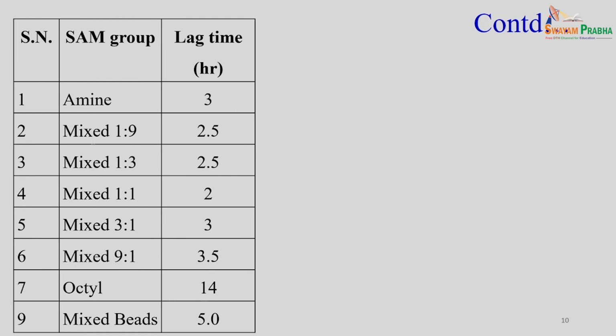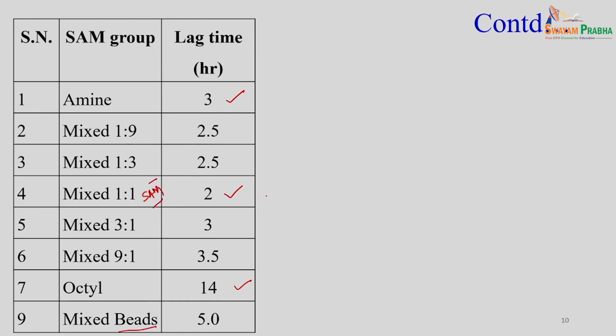On different surfaces we observe different values of lag time. So, amine 3 hours, octyl about 14 hours, and mixed one. This is the mixed SAM and this is the mixed bead.